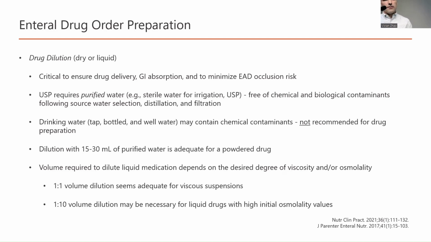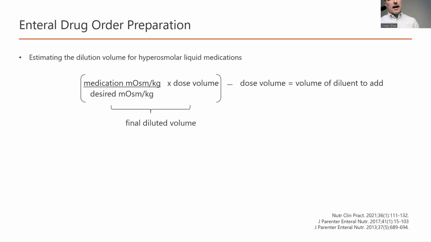And a dilution volume of 30 to 50 mLs of purified water is adequate for a powder drug. The volume required to dilute liquid medication depends on the desired degree of viscosity and osmolality. As a general rule of thumb, a 1-to-1 volume dilution seems adequate for viscous suspensions, and a 1-to-10 volume dilution may be necessary for liquid drugs with high initial osmolality values.